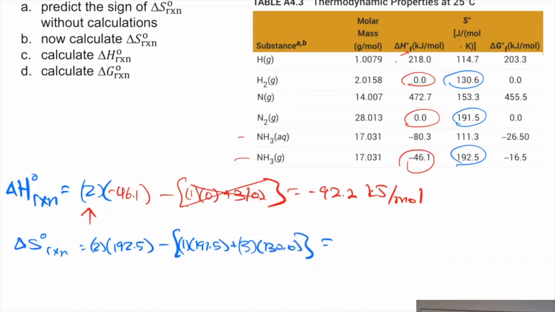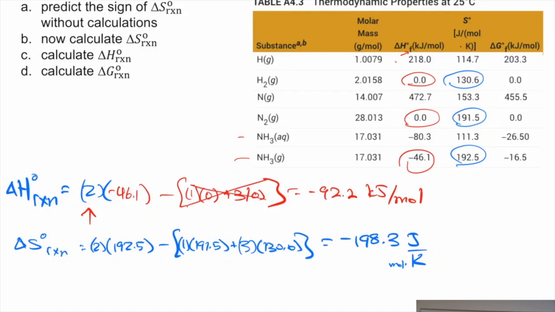And you add all that up, and you can check me later when you go home, I got negative 198.3. Now that's joules per Kelvin. Those are the units for entropy. It's really joules per mole Kelvin. Sorry.